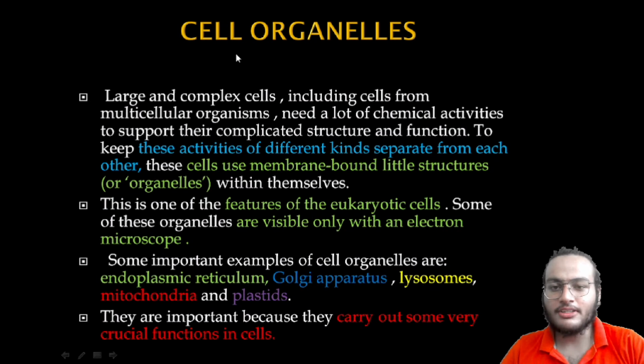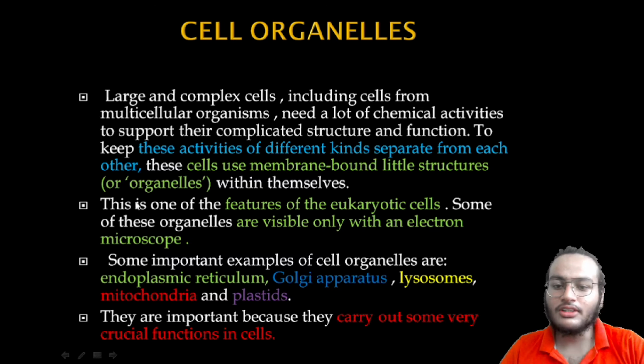Next, we'll talk about cell organelles. Large and complex cells, including cells from multicellular organisms, need a lot of chemical activities to support their complicated structure and function. So who keeps these activities separate from one another? These activities are performed by organelles, which are membrane-bound little structures.